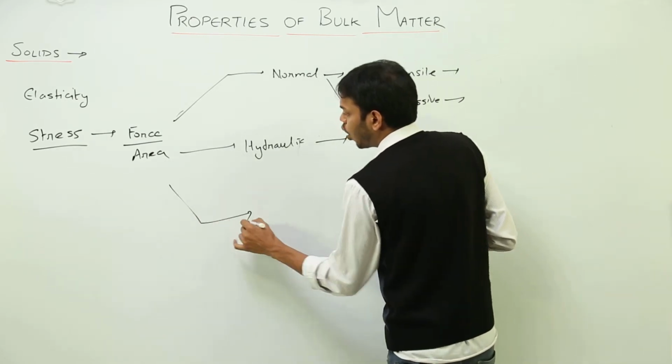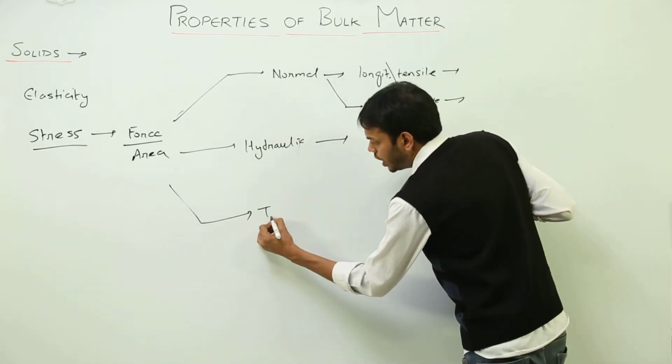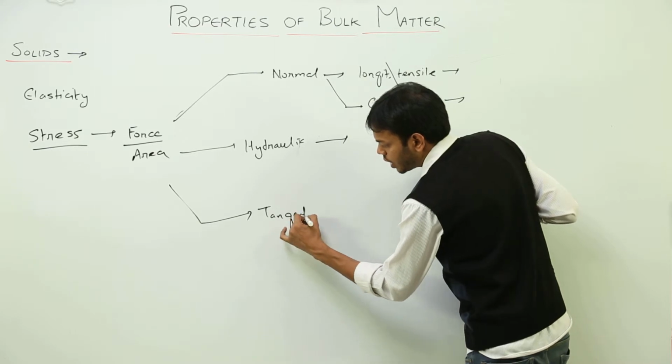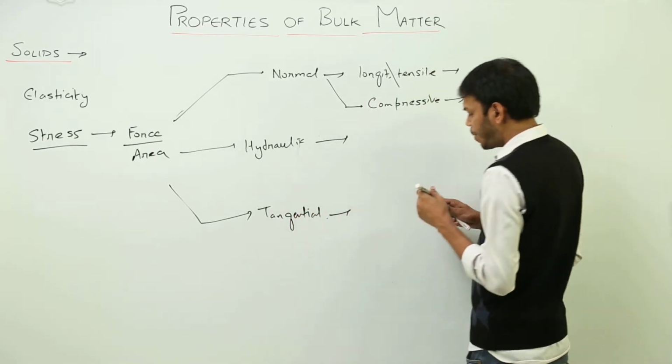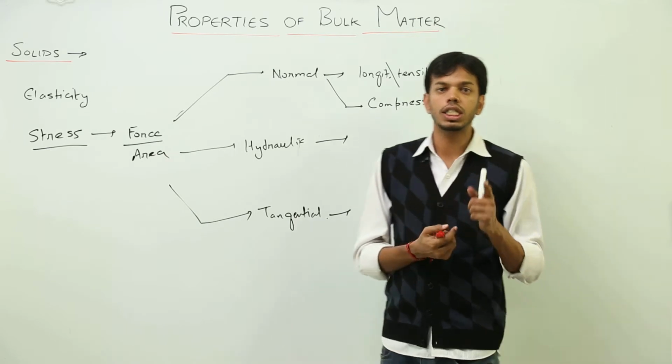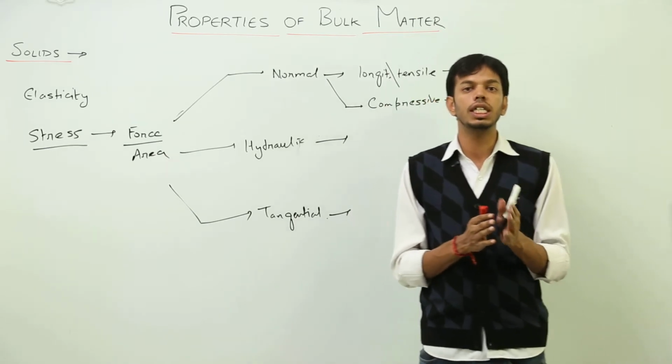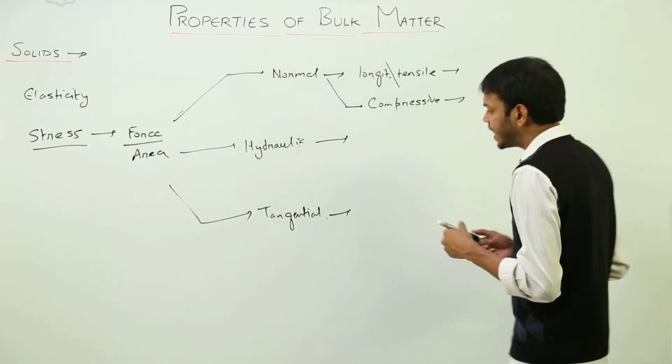Lastly, stress can also be given a name called tangential stress. It is that type of stress which causes the change in shape of the body without change in its volume. So how can this happen?